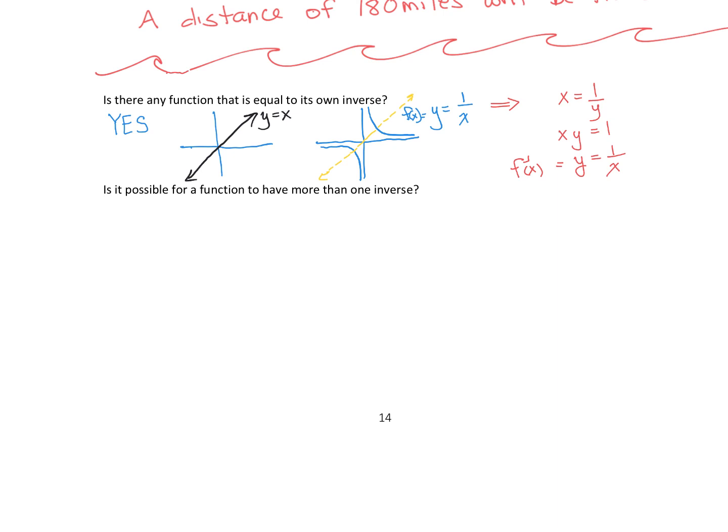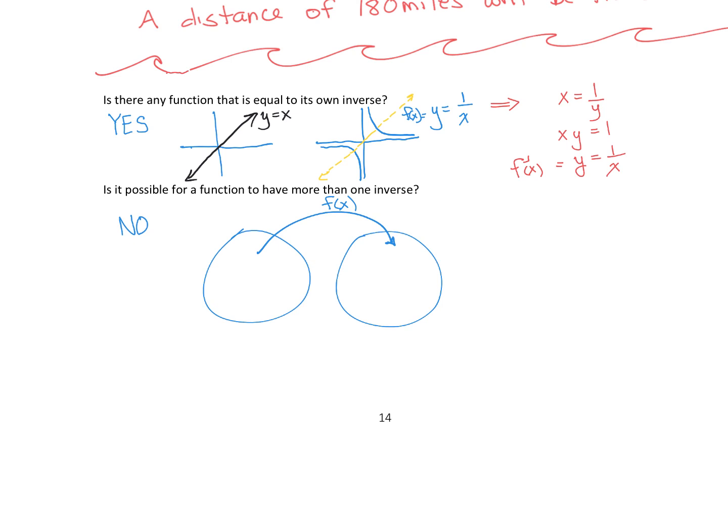The second question here is, is it possible for a function to have more than one inverse? The answer there is no. The whole idea of an inverse is that if we have a function that takes this domain to this range, it has to be 1 to 1.